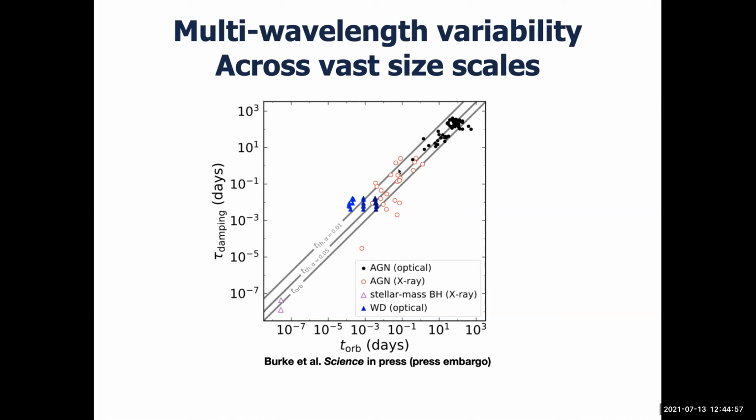Have you checked that? Yes, so for our sample of AGNs, we have the Eddington luminosity ratios collected from the literature for most of them. The dispersion in the Eddington ratio is not that large. So we don't think it would really change the damping timescale.